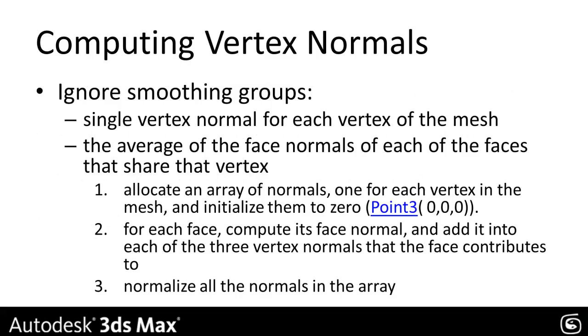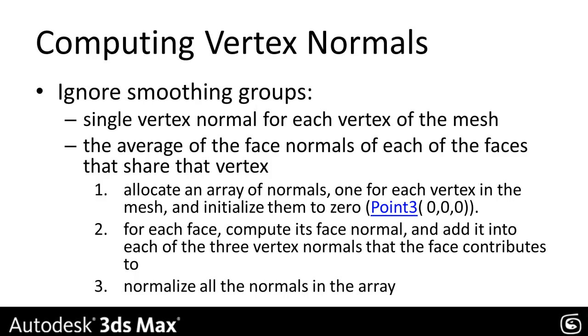And then computing vertex normals. In this case, you should ignore smoothing groups. You take the single vertex normal for each vertex of the mesh. It's the average of the face normals of each of the faces that share that vertex. The first step is to allocate an array of normals, one for each vertex in the mesh, and initialize them to 0, so 0, 0, 0.